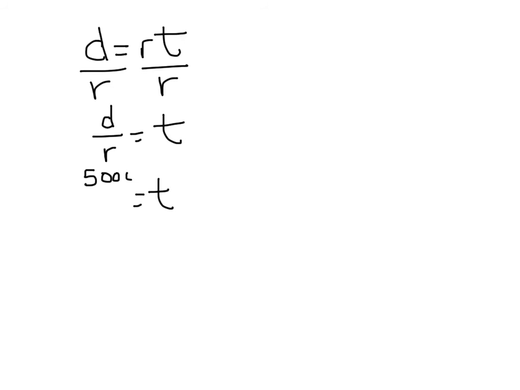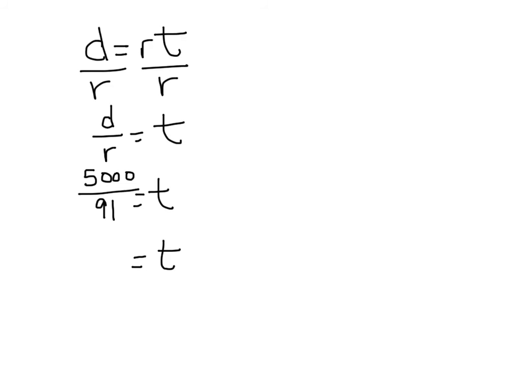What is the distance of these whales? 5,000 miles divided by 91 miles per day. So miles divided by miles, that's going to cancel. So we're going to be left with the number of days. So 5,000 divided by 91, you get something like 54.945, etc. Well, since we're approximating, you're not going to say to someone 54.9 days.